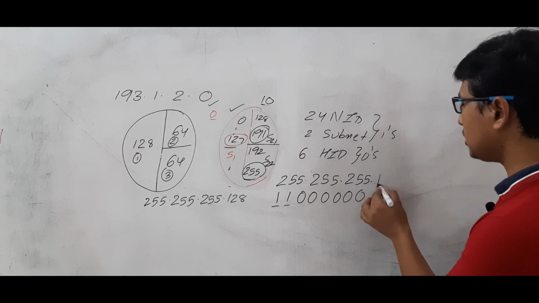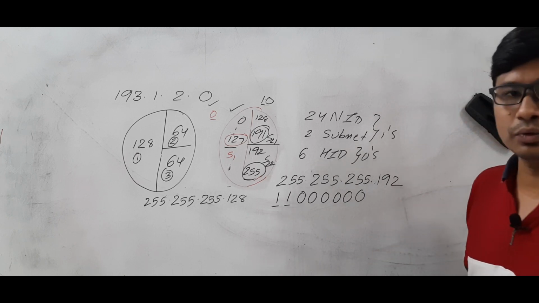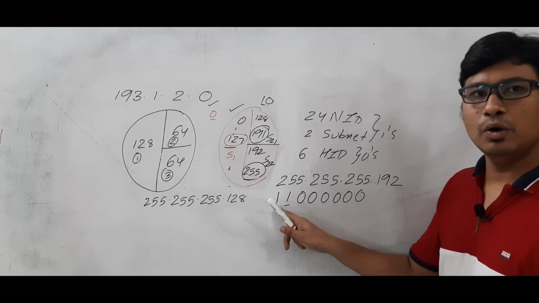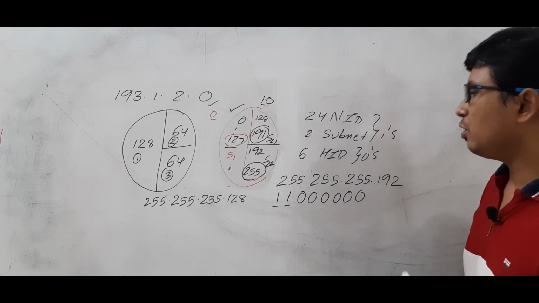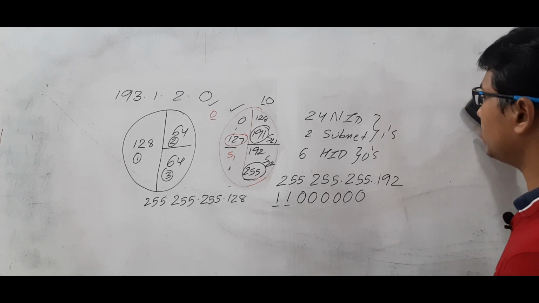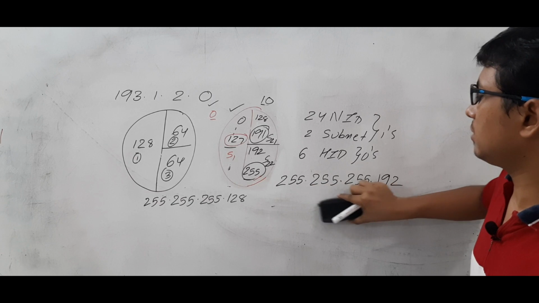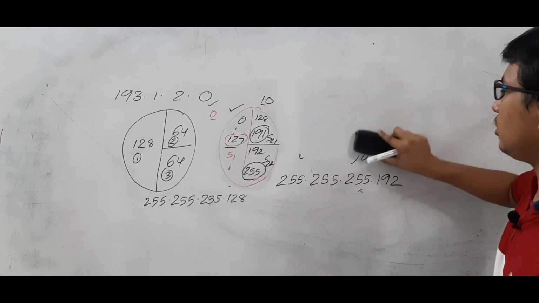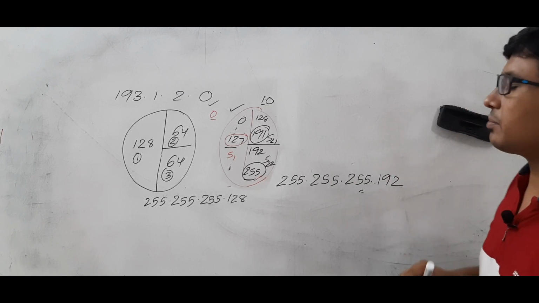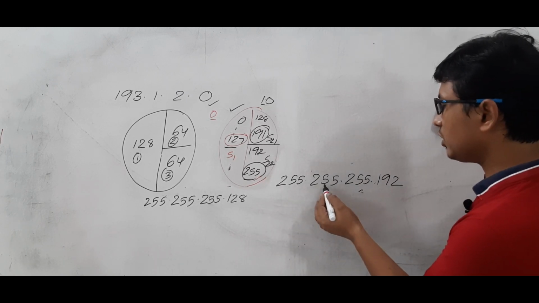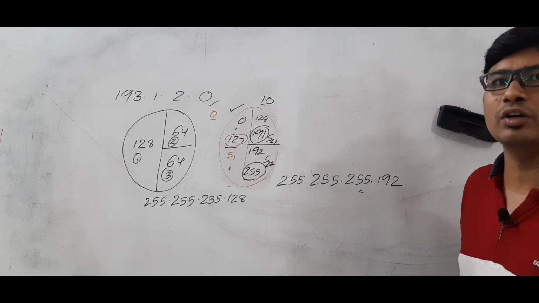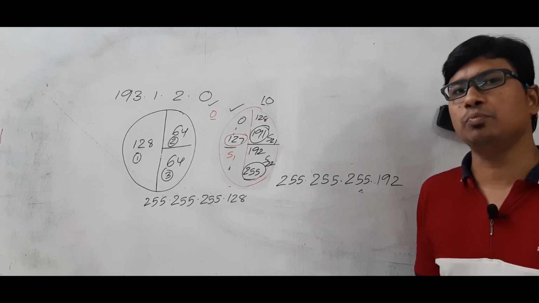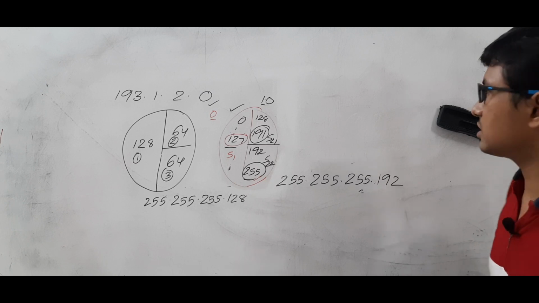So what is the value you will get? If you convert into decimal number, you will get 192. How? 128 plus 64 is 192. So you are getting two subnet masks. One is 255.255.255.128 and another subnet mask is 255.255.255.192. Now you can ask me which one you will take. You will take both. How it will be, we will discuss now.